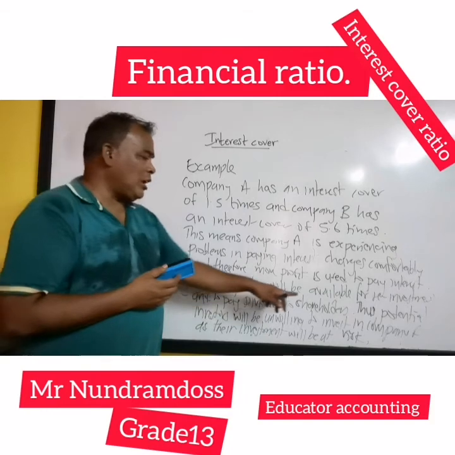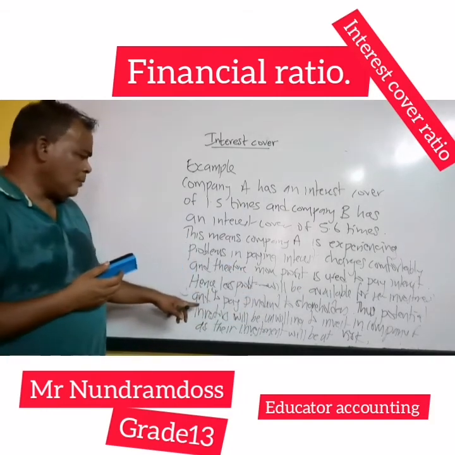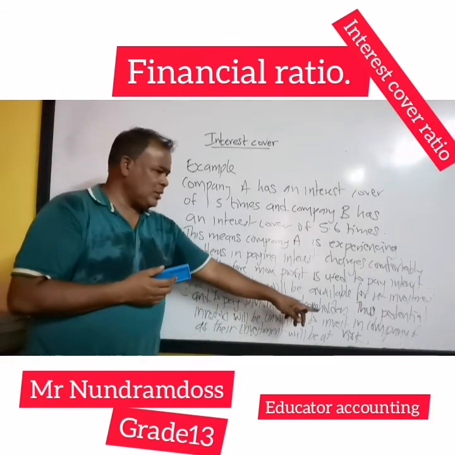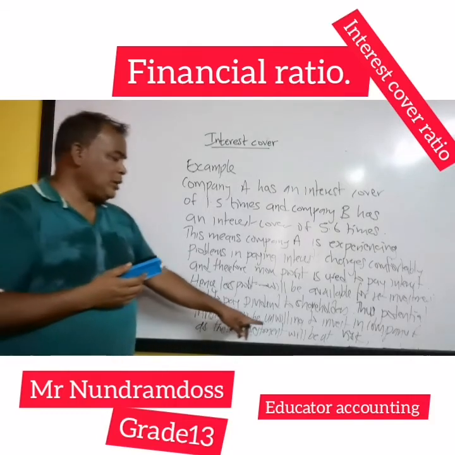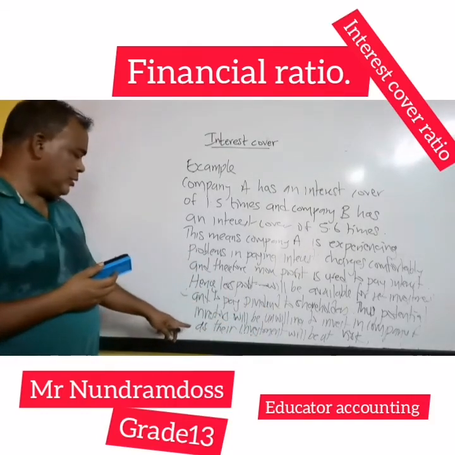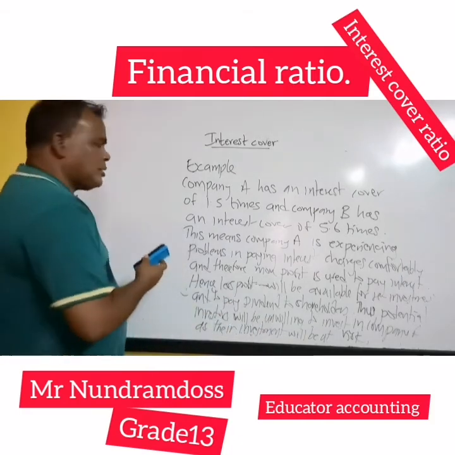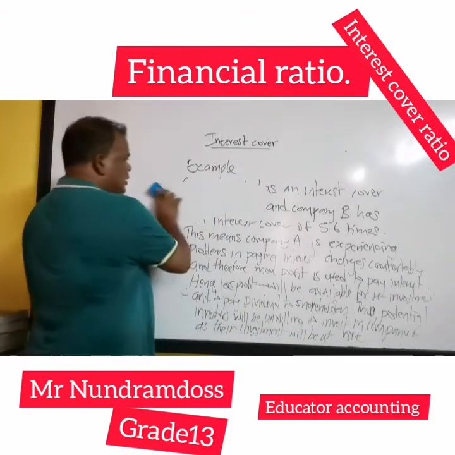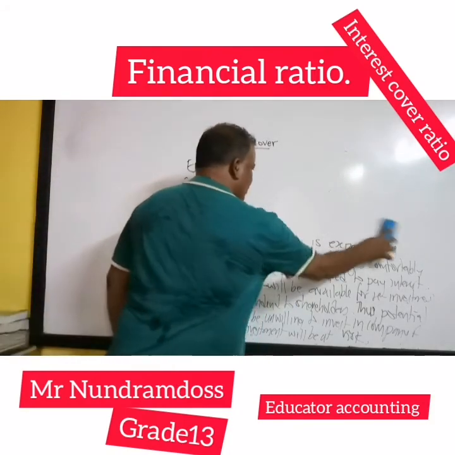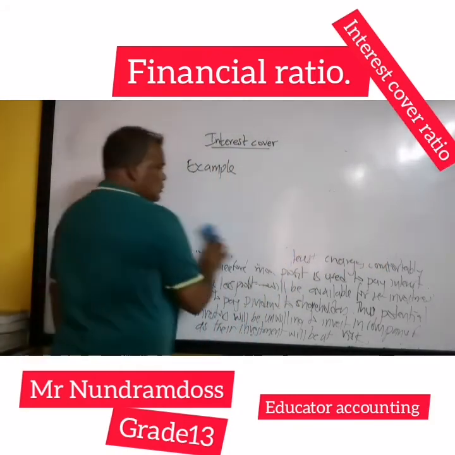Hence, less profit will be available for investment and to pay dividend to shareholders. Thus, potential investors will be unwilling to invest in company A, as their investment will be at risk.